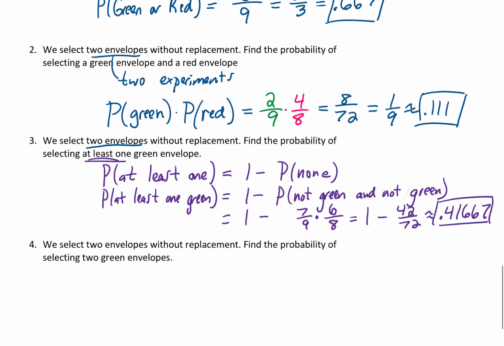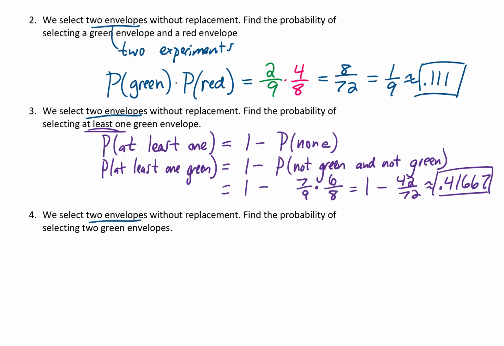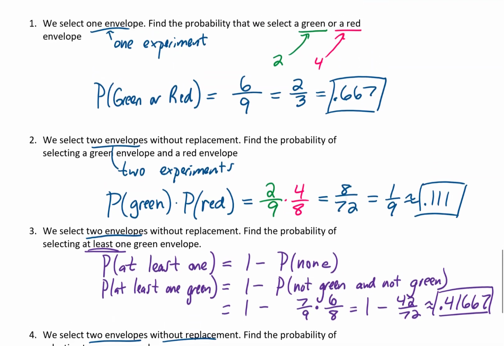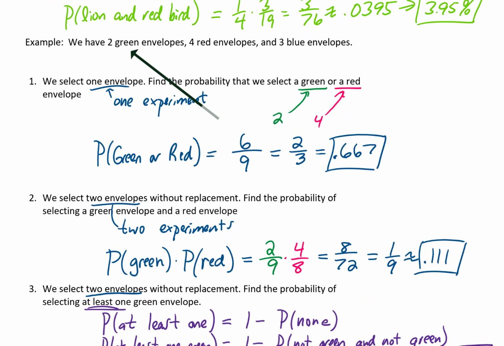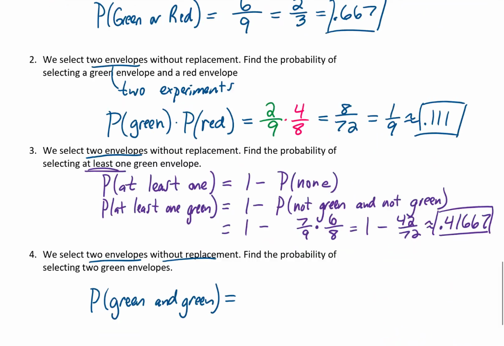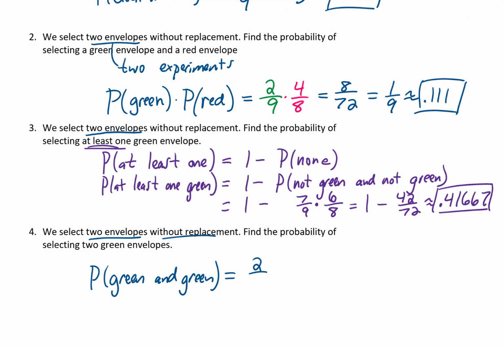Let's just do one more quick example. Again, we're going to select 2 envelopes without replacement, and we're going to find the probability of selecting 2 green envelopes. So we're going to find the probability of selecting green and then green. What is the probability that our first envelope is going to be green? Well, if I remember correctly, there were 2 green envelopes total out of 9 envelopes. So the probability that we select a green envelope with our first choice is 2 out of 9.